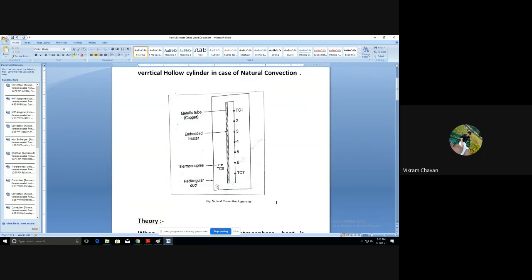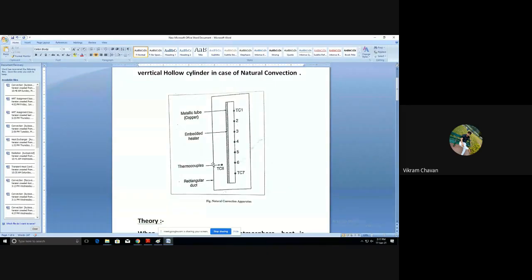Once this hot air or low density fluid moves upward, its place will be acquired by the cold air, so that cold air will enter inside this compartment from the bottom side. For that reason, the bottom side is also open.